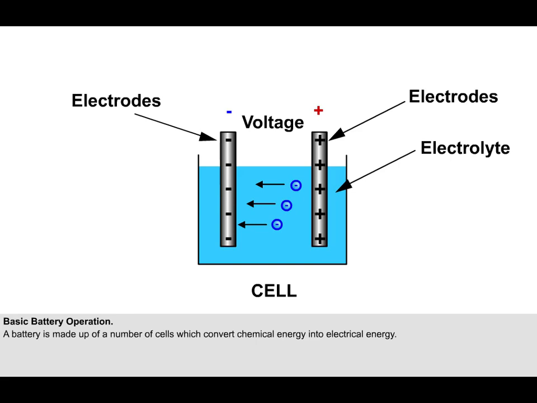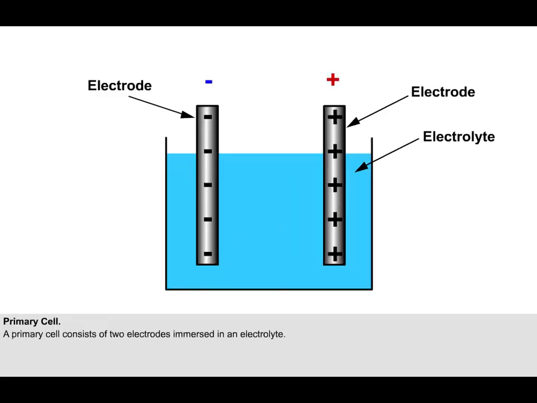The cells of a battery can be split into two types, known as primary cells and secondary cells. In this lesson, we will look at primary cells. A primary cell consists of two electrodes, immersed in a chemical called an electrolyte.